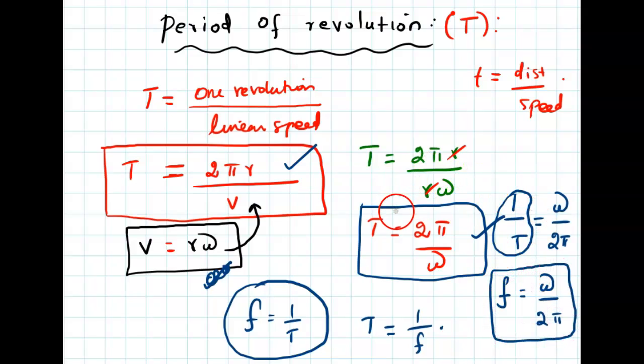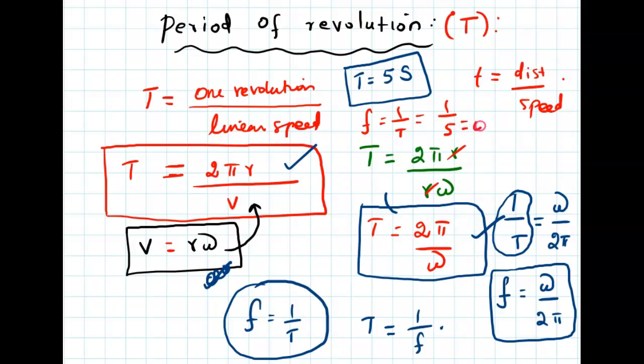For example, if the time period of a revolution is 5 seconds and you want to find the frequency, you write 1 divided by 5, which is 0.2. The unit of frequency is hertz. The unit of time period is seconds.